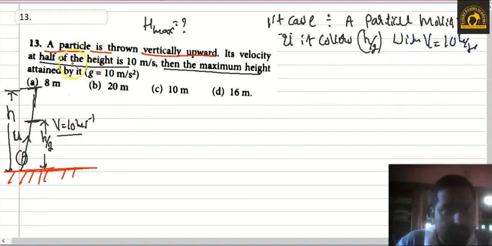It is given that at half of the height, its speed is 10 meter per second.